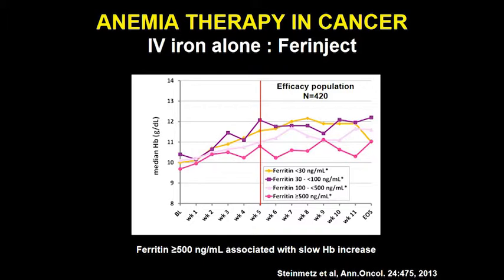Here on this graph, we notice that the lower the hemoglobin level, the more efficient ferinject seems to be. You see the pink curve with a low ferritin level. Patients with a low ferritin level seem to respond even better to ferinject.